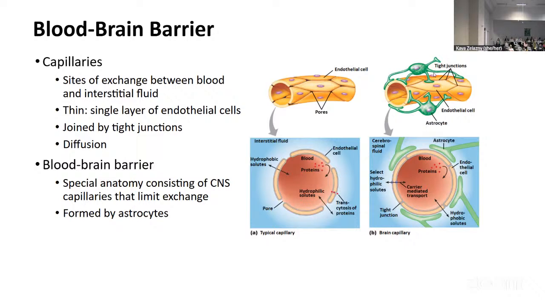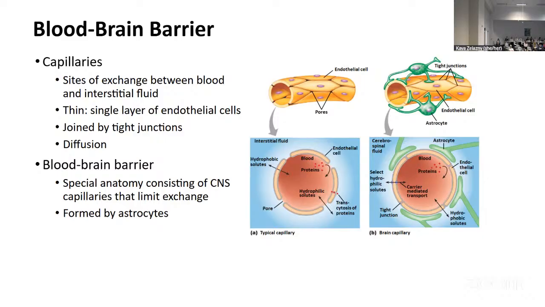But what the brain capillaries have is this specialization to make sure that those endothelial cells are really right next to each other, packed tight, closed, absolutely nothing leaking between the gaps. So we've got these tight junctions sealing our endothelial cells together. We've got these astrocytes kind of holding on to the endothelial cells, helping us create this barrier between the blood and the cerebrospinal fluid, or extracellular fluid here.